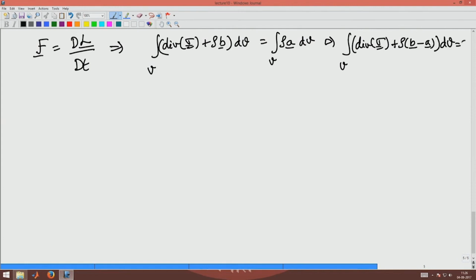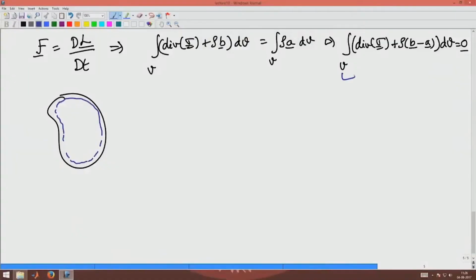Now, this integral equation has to hold for any subpart of the body also. It is not that it has to hold only for this body; it has to hold for a small cut inside that body also, for this blue cut also. So, it is not like sin x dx from 0 to 2 pi becoming 0; the integrand has to be 0 for this equation to hold, because this V is arbitrary.